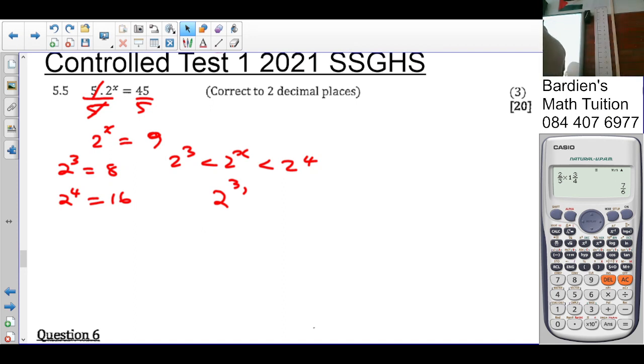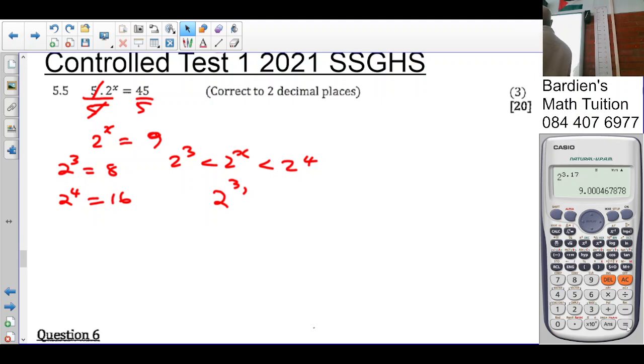We go in the calculator, 2 to the 3 comma 5. It's 11. That is over, not so. So go 3 comma 2, 1, 5, 9, 7.